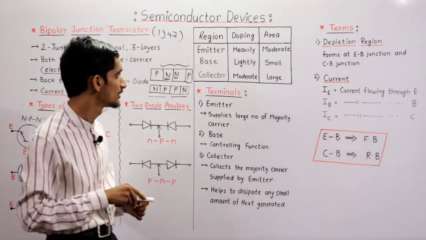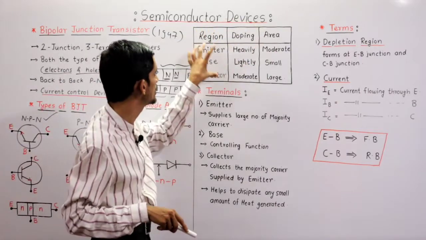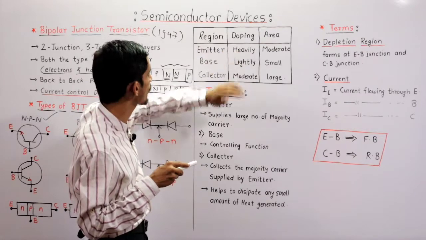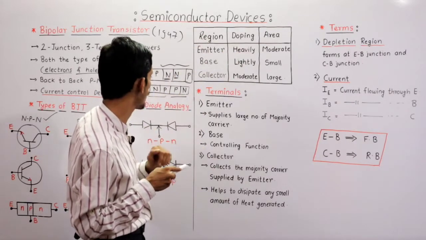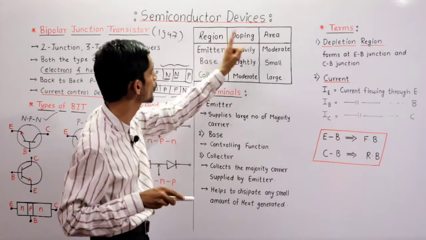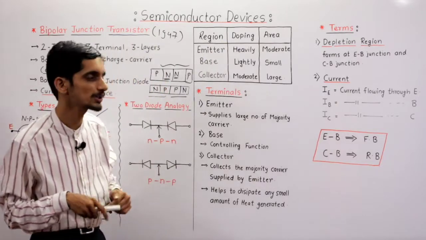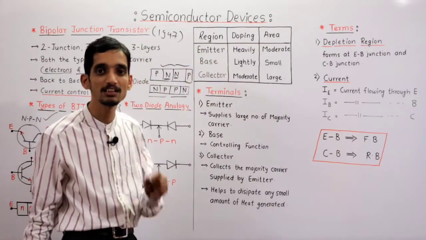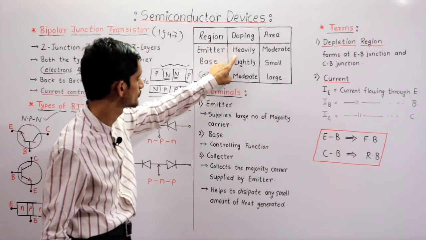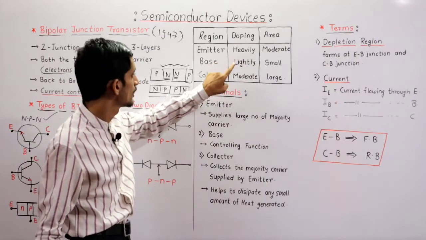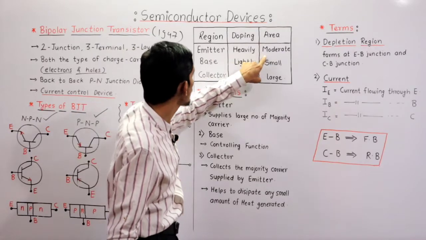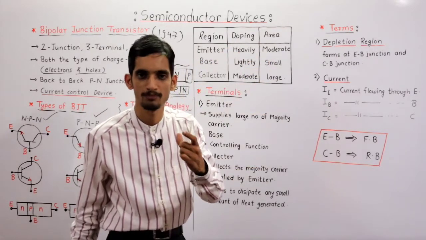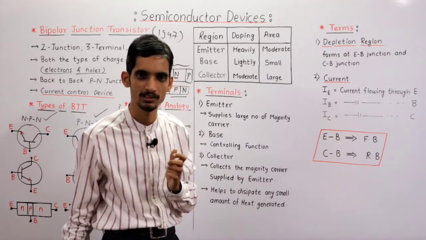Clear? Yes. Now this is a table which compares the three regions of BJT in terms of doping and area. If the emitter region of the transistor is considered, it is heavily doped, and the area of the emitter is moderate, as I already discussed.